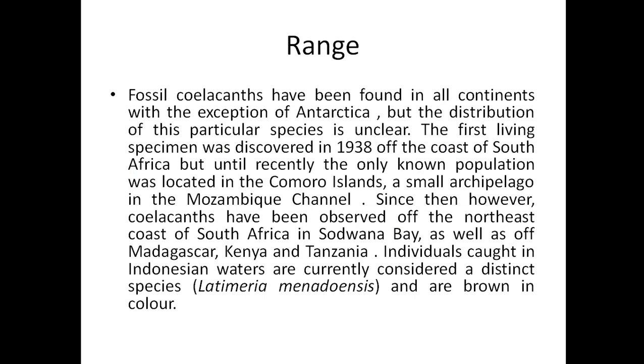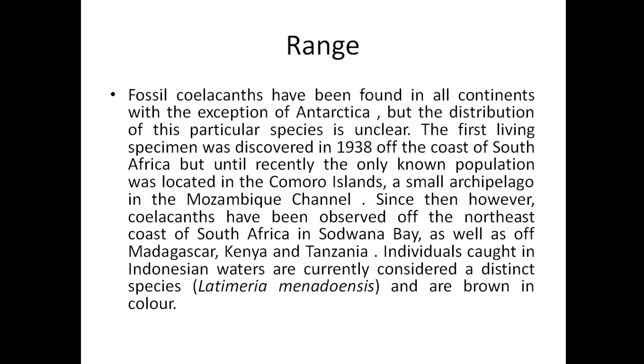Fossils of this coelacanth are found in all countries, with the exception of Antarctica. But the first living specimen was discovered in 1938 off the coast of South Africa. Their only known population is located in the Comoro Islands, a small archipelago in the Mozambique Channel.